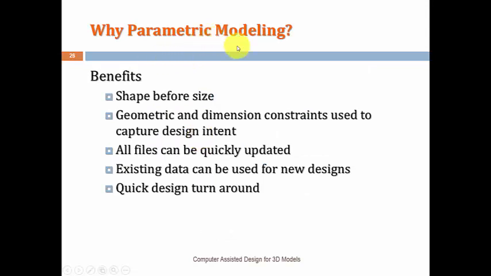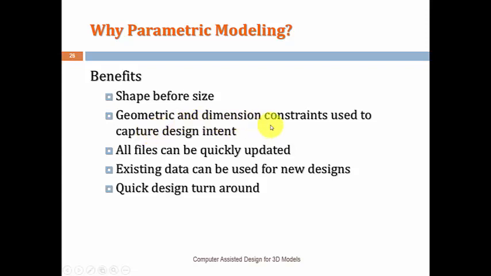Why parametric modeling? Okay, we use parametric modeling for the following advantages or benefits. Shape before size. So we take care about the shape. So roughly we sketch this shape and then we add the sketch relation, and then we take care about the size or dimension.